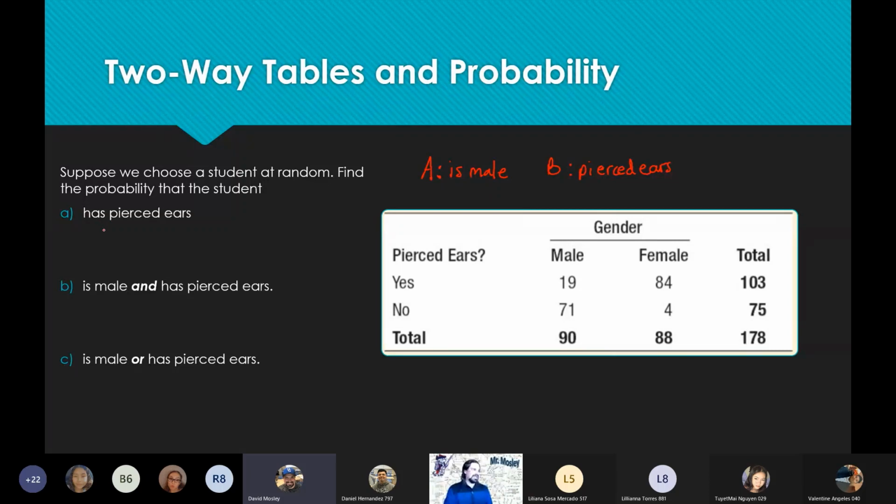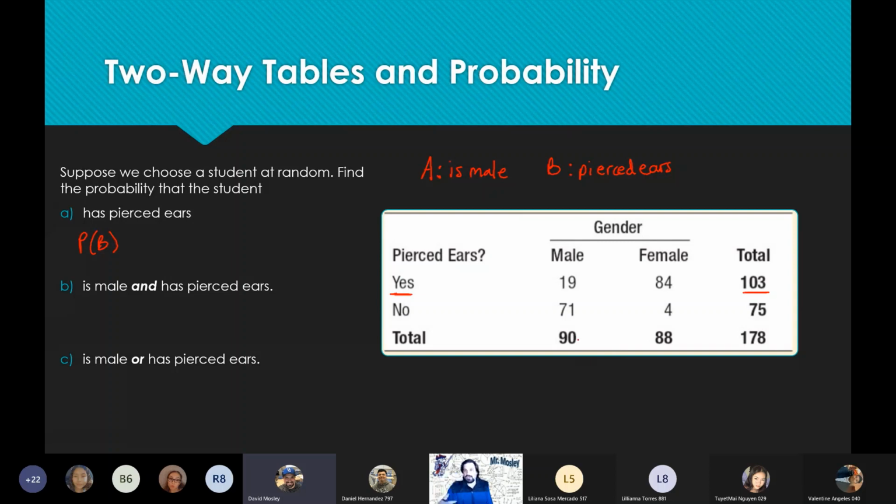So question A, suppose we choose a student at random, find the probability that the student has pierced ears. So we're looking for the probability of event B, pierced ears. We're going to look at pierced ears, yes, total, 103.